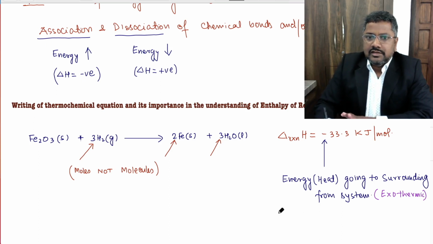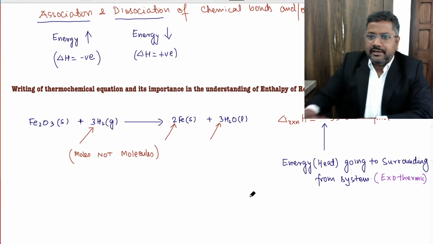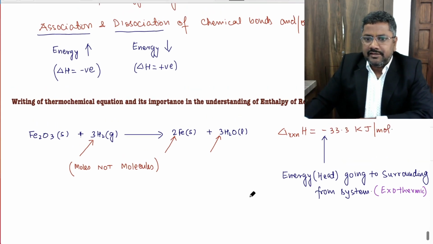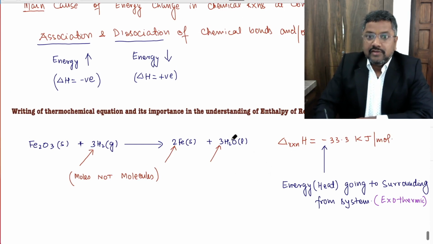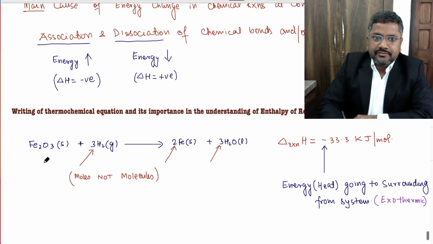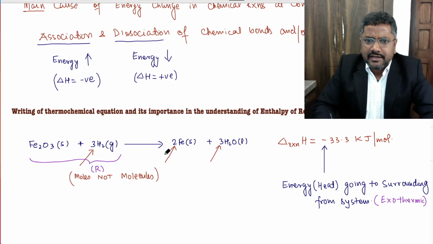Clear? And one more way we can represent this. If we mark these as the reactants, basically both are reactants, and this we can mark as the product.